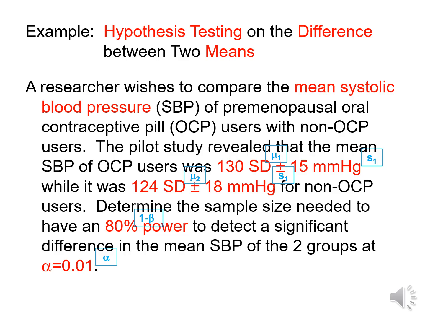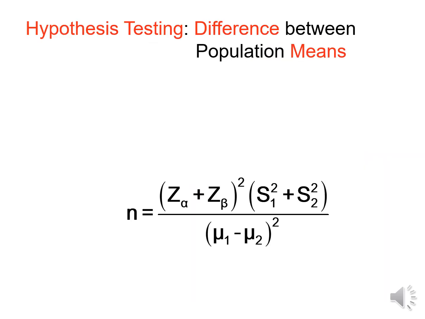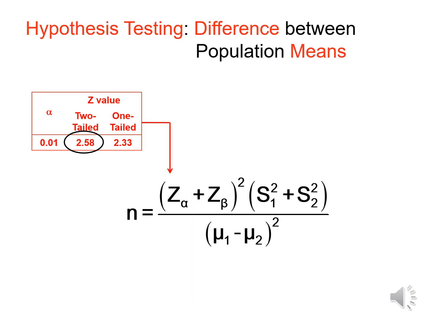The type of alternative hypothesis is two-tailed because the study just wants to detect a significant difference. So in the formula, Z of alpha corresponds to a value of 2.58 based on an alpha of 0.01 and a two-tailed type of alternative hypothesis. Z of beta is equivalent to 0.84 corresponding to an 80% power.